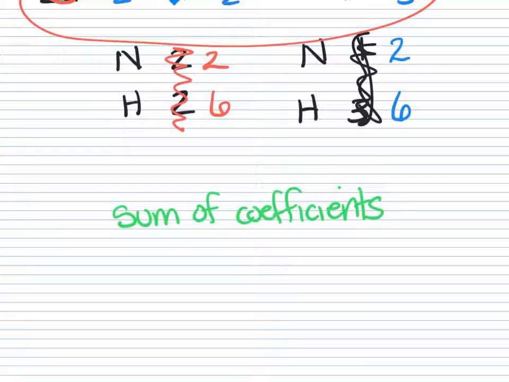There's the 3. Plus the 2 that's over here, because I want the sum of all the coefficients, 1 plus 3 plus 2, is going to give me 6. So my coefficient sum is 6. And sometimes they give you that as a multiple choice question. So be aware of those.